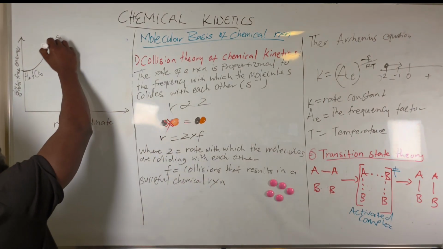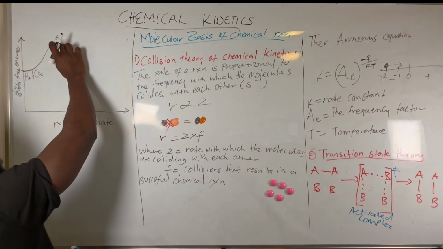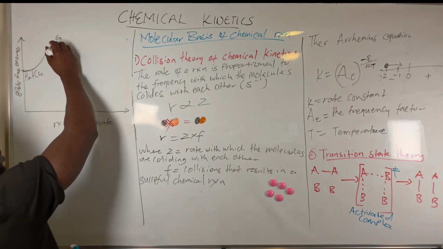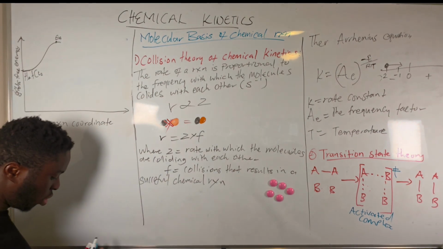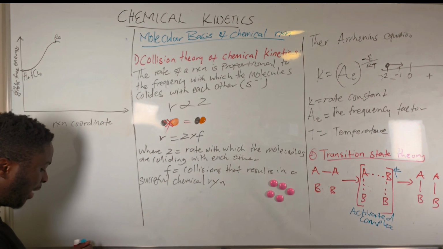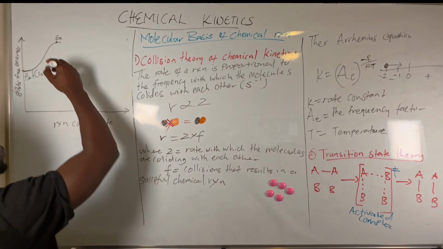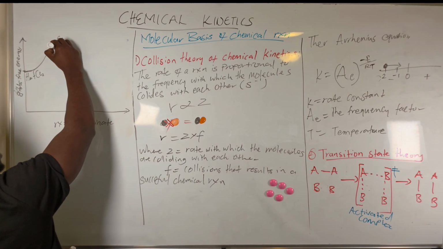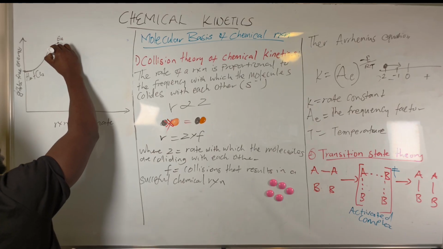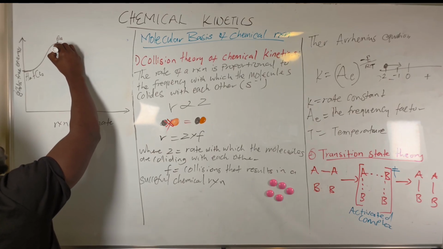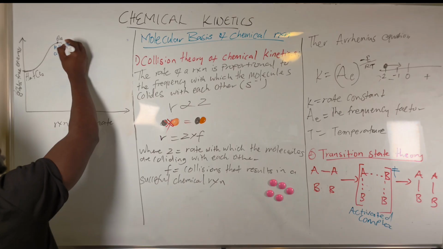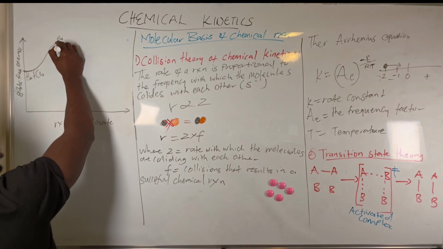So the transition state of these compounds would exist somewhere between here, whereby, if we draw the bonds that exist between them, the old bonds will weaken and the new bonds will begin to form. So let's say H-H over here, and then Cl bonded to this, and this bonded to Cl over here. This H-H bond will begin to weaken, right?